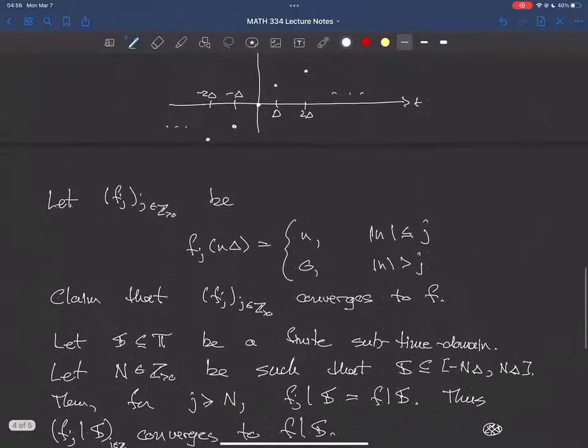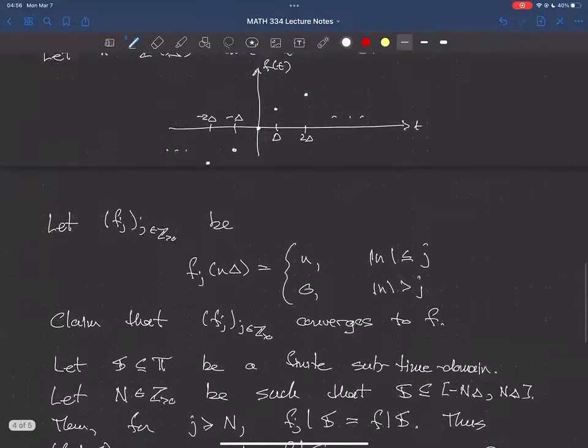It's a very flexible kind of convergence. It means that if you restrict to any bounded collection of times, which in the discrete time case means finite, you converge in the norm.